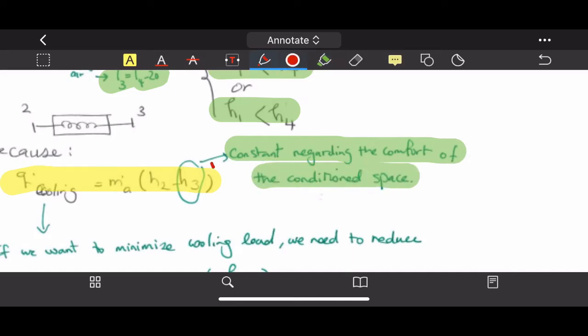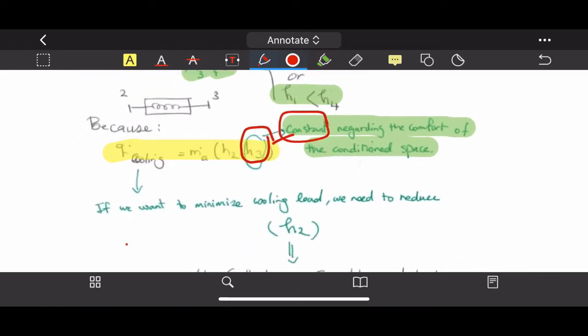H3 is always constant because the space is conditioned indefinitely, where T3 equals T4 minus 20, or 75 Fahrenheit minus 20 Fahrenheit. Therefore, T3 is always 55 degrees Fahrenheit.